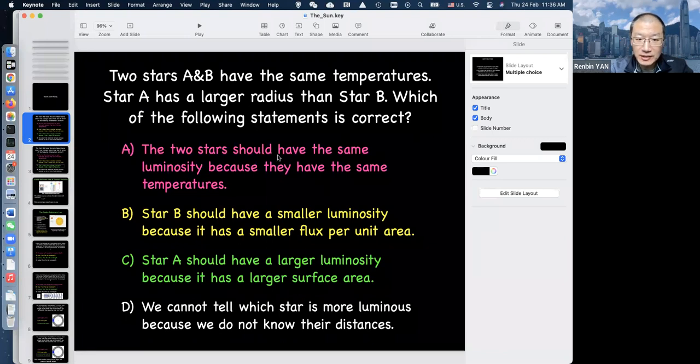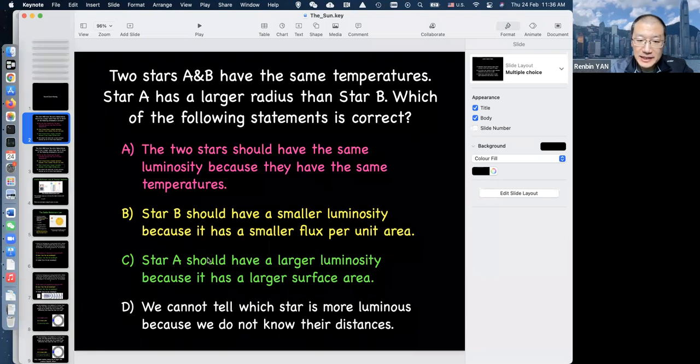So option A is not correct because it says the stars have the same luminosity, but luminosity relates not only to the temperature but also to the size of the star. Option B says B should have a smaller luminosity. That's correct, but the reason was wrong. The reason is not that it has a smaller flux per unit area. It is actually because star B has a smaller surface area.